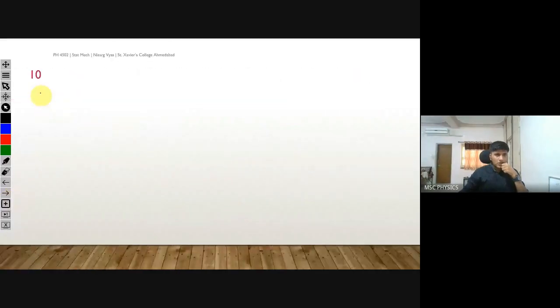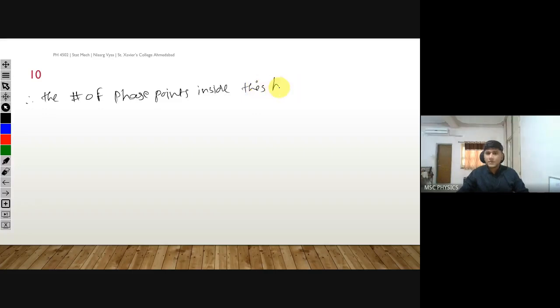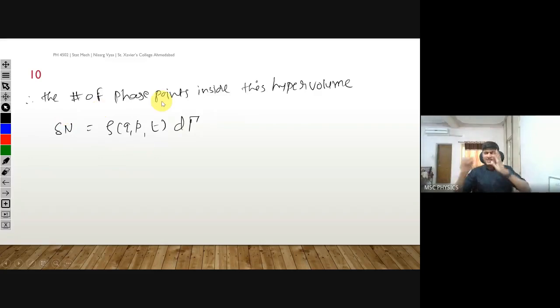So the number of phase points inside this hypervolume is given by delta n, and how much should it be? It is rho of q, p, t, times d gamma. This is the number of phase points inside this hypervolume.